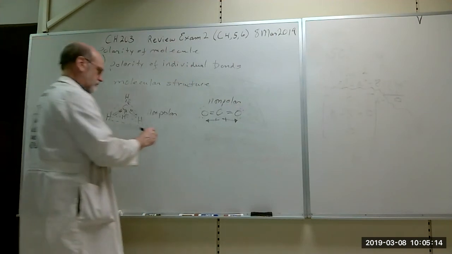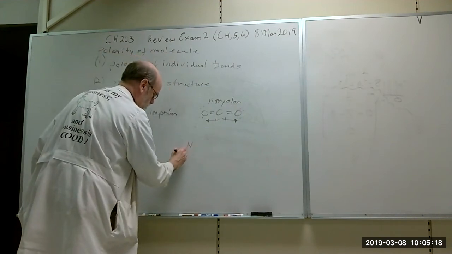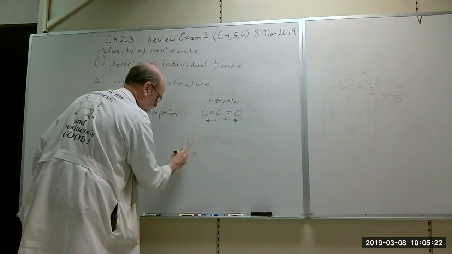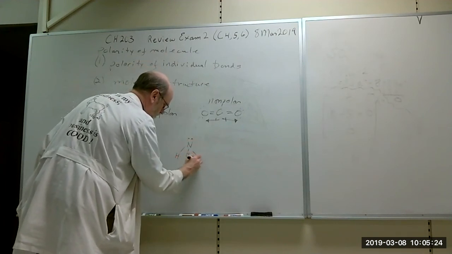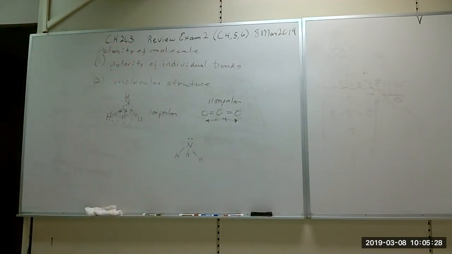How about this one? The ammonia. Okay, let's see, hydrogen and nitrogen. What's the difference there? I'm looking in my PowerPoints. I got a little chart in there. Wait a minute.